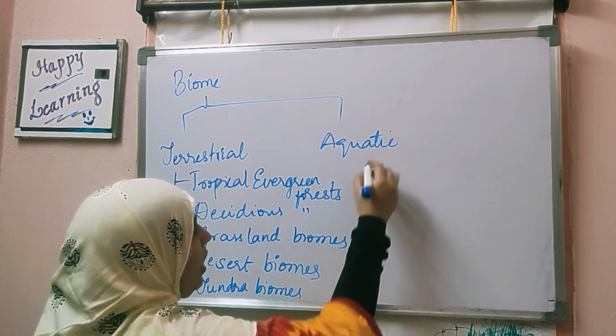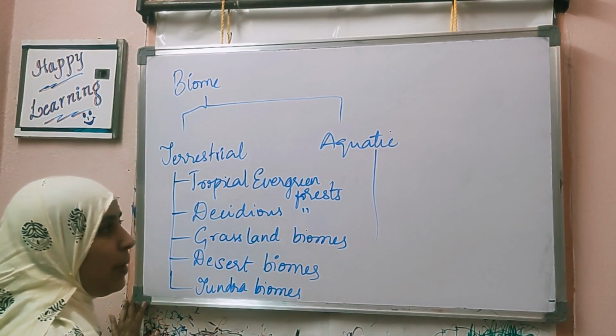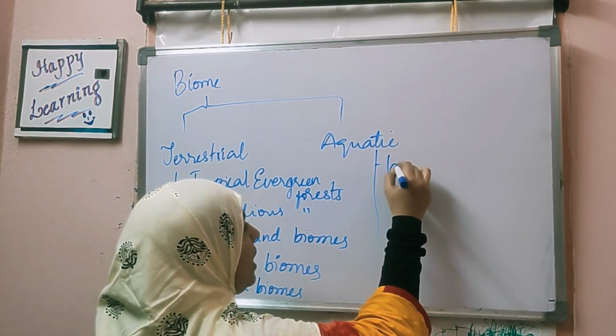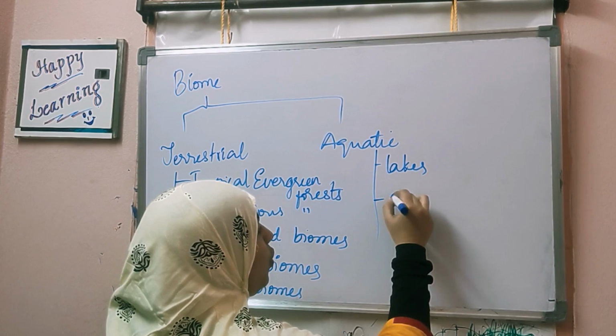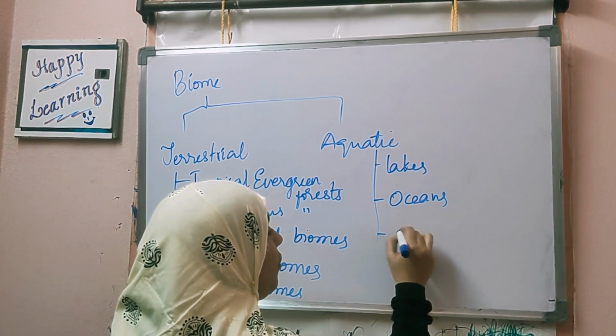And the aquatic biomes are divided into lakes, oceans, and freshwater biomes.